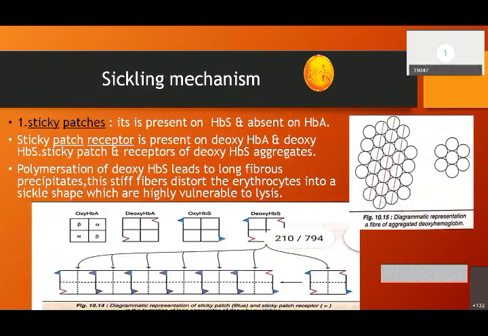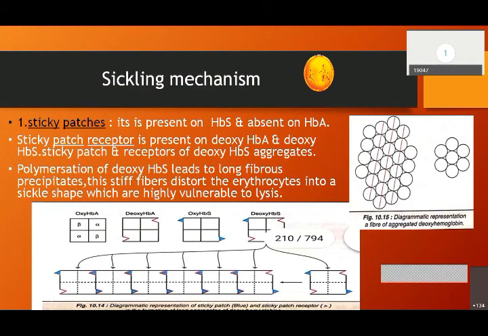The sticky patches diagram is here. In this diagram, the blue color sticky patches are present on oxy-HBS and also on deoxy-HBS, while the sticky patch receptors, in red color, are present on deoxy-HBA and deoxy-HBS. On oxy-HBS, there are blue patches, but they can't aggregate because the corresponding receptors are not present.